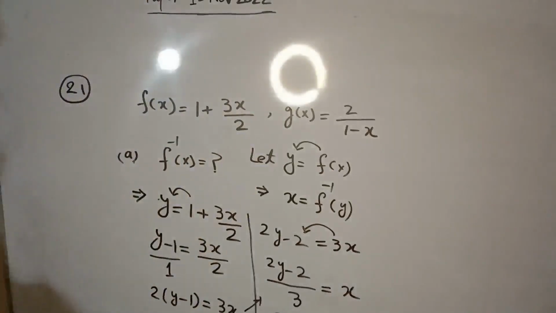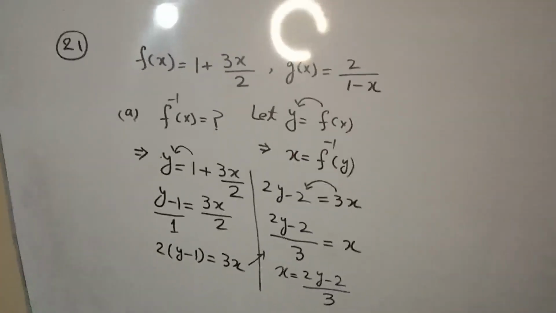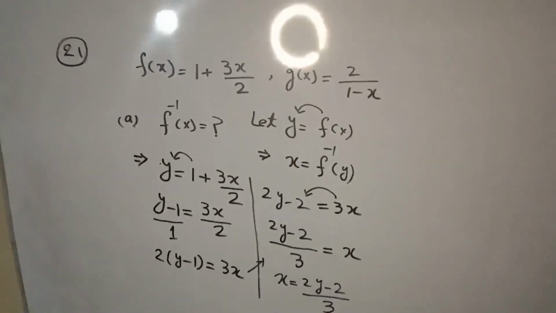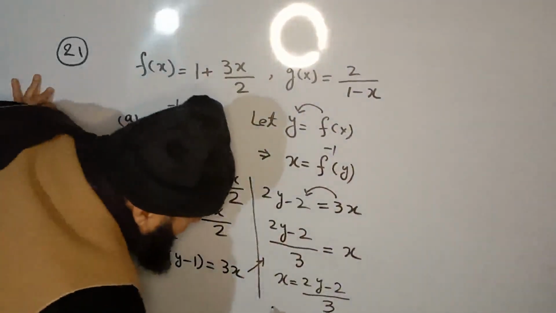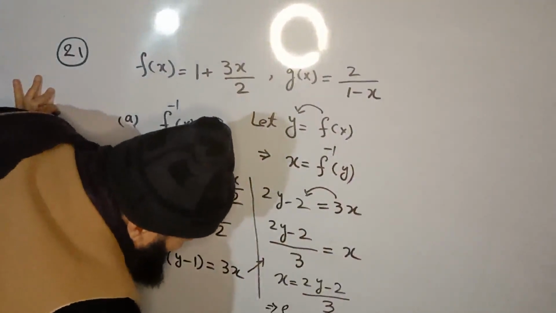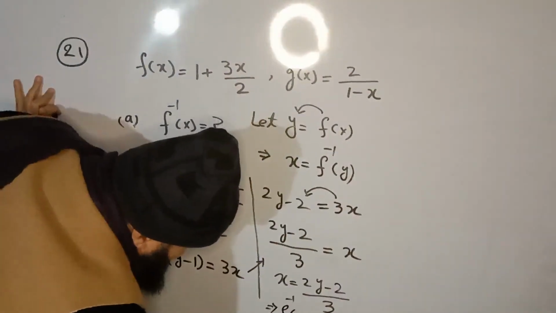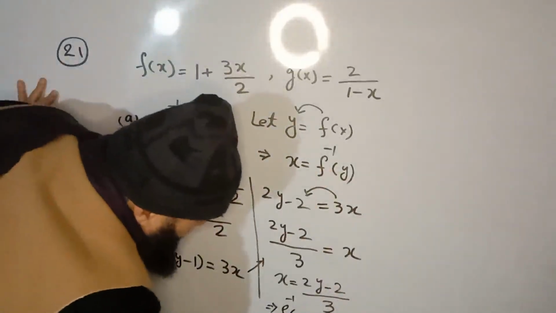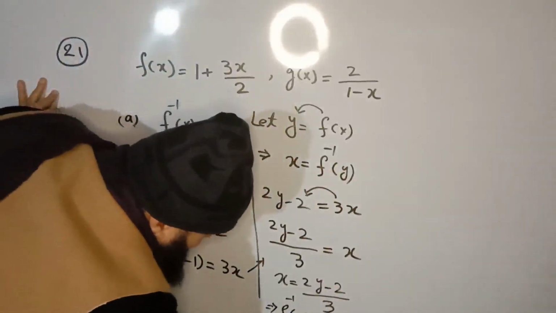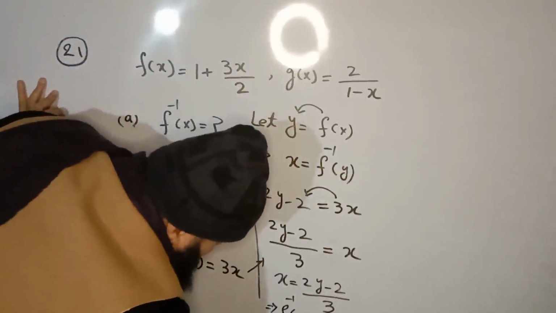This is x, and we know that x is equal to f inverse of y. Therefore, we can write f inverse of y is equal to 2y minus 2 whole divided by 3.